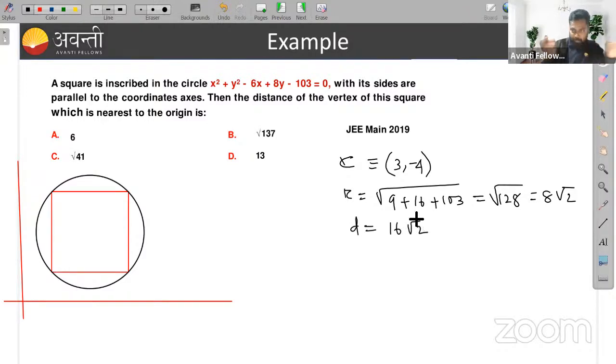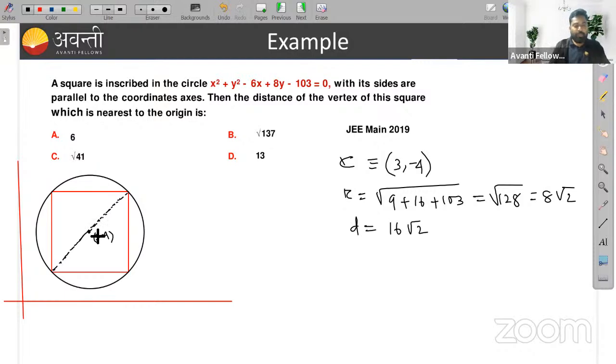Okay, let's move to the figure first. The center is 3, minus 4. Suppose this is the diagonal, and we know the radius of the circle is given as 8 root 2.